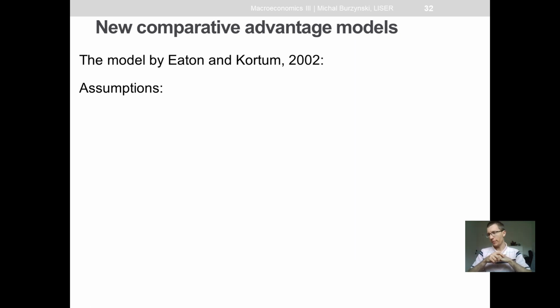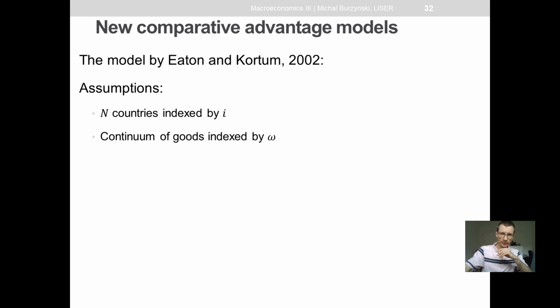I will just give you the main intuition because those types of models are now state of the art. They are the most advanced models out there in the literature. This is really the frontier of economic research, using those models of comparative advantage with multiple sectors, multiple countries, multiple types of goods.